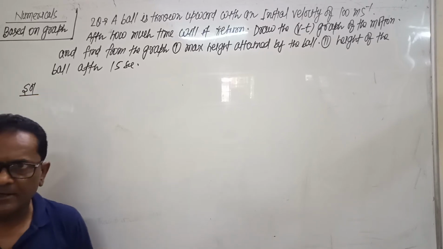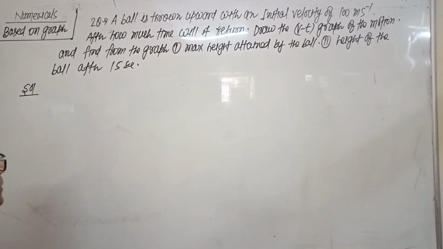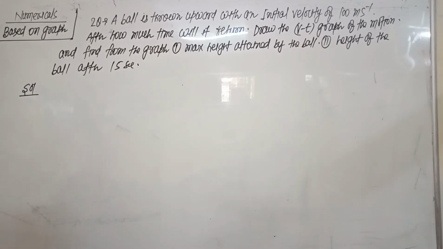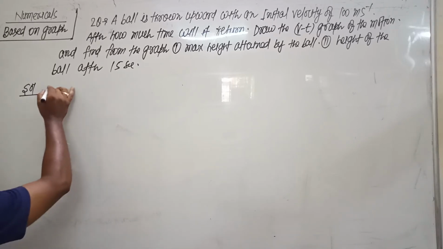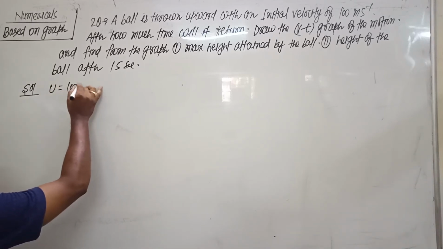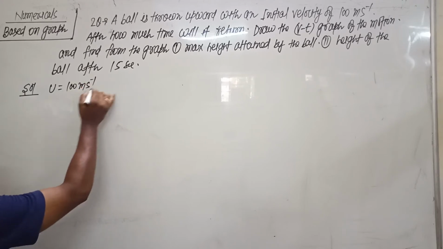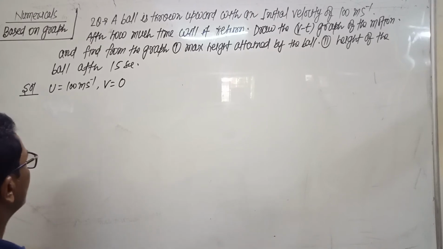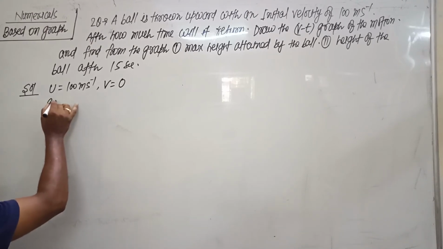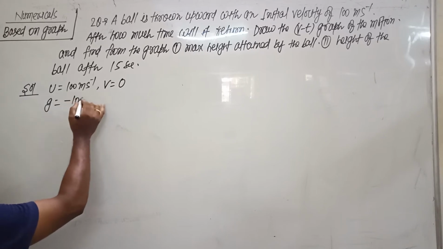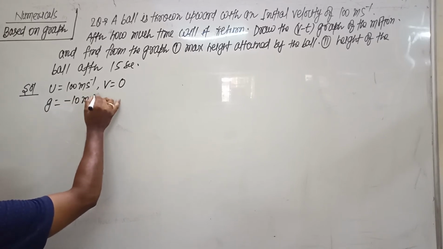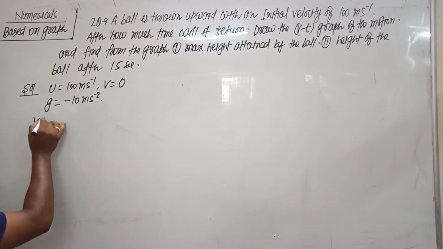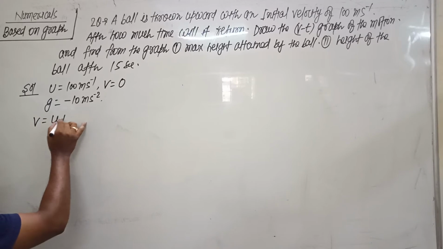Firstly we will find the time taken by the ball to reach the maximum height. There is upward motion. Initial velocity u is 100 meter per second. Final velocity V will become 0 when the ball reaches the maximum height, and acceleration g equals minus 10 meter per second square. Use the formula V equals u plus gt.